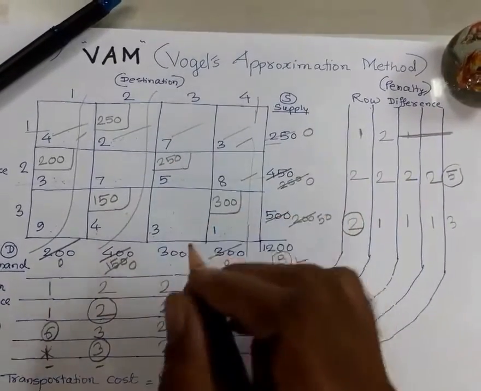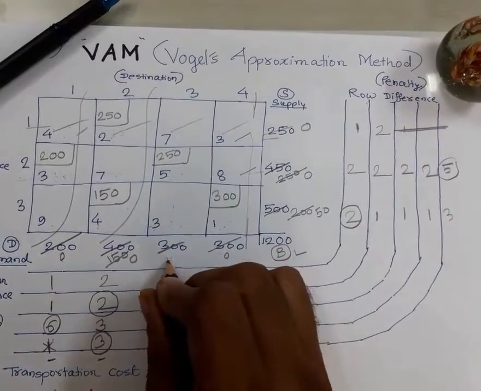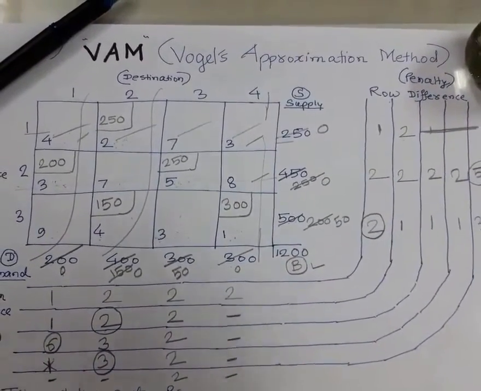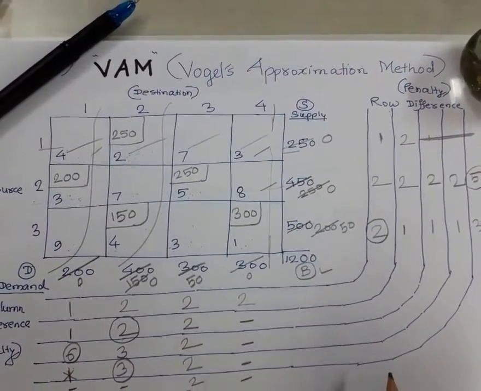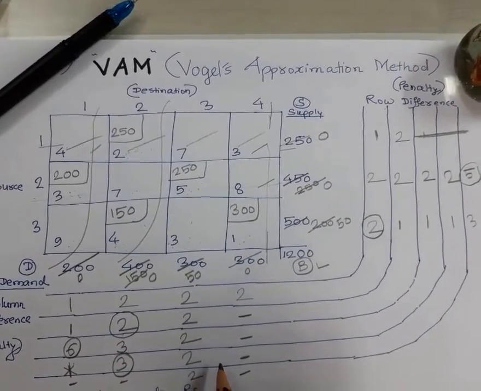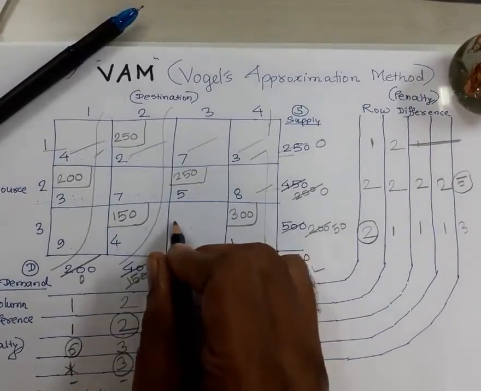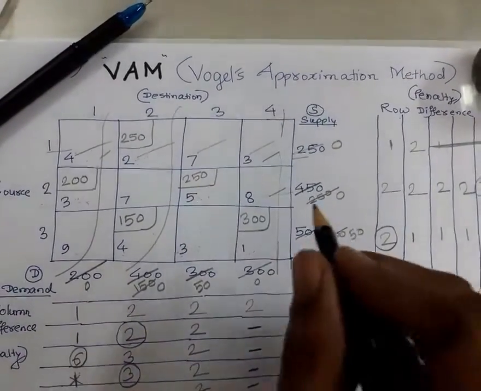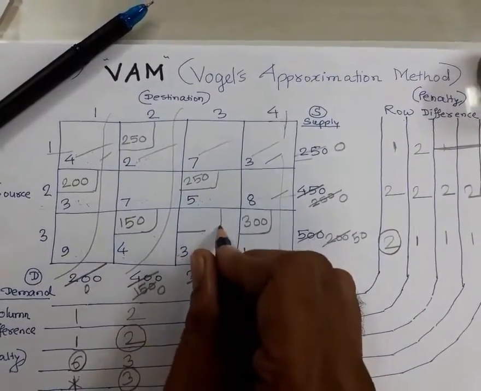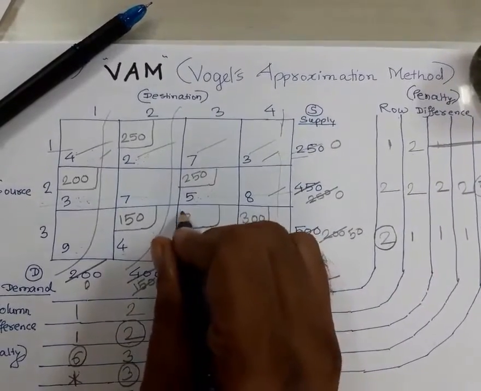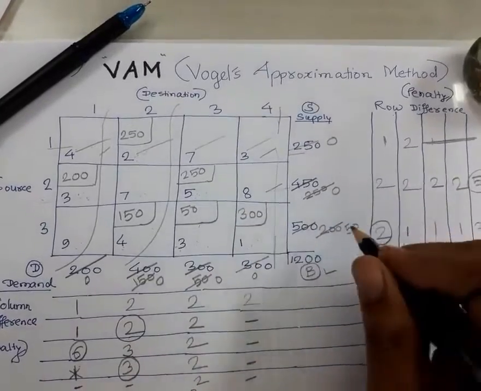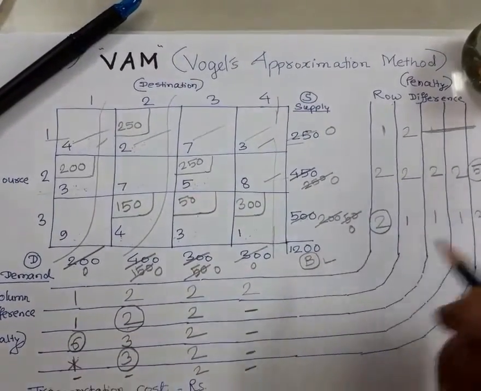After 250 allocations, out of 300 we are left with only 50 units. Now only one cell is there, so just allocate the remaining units to that cell. This is 50, this will become 0, and this 50, this will become 0.